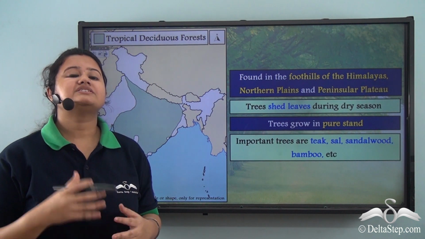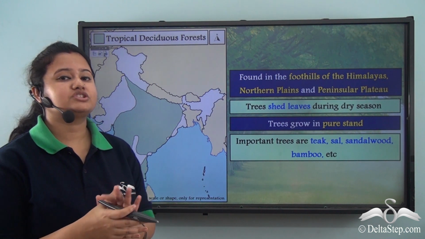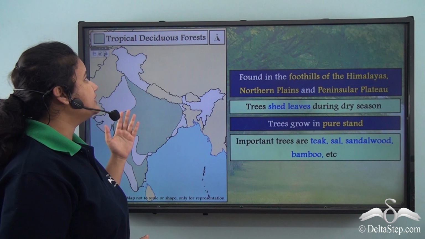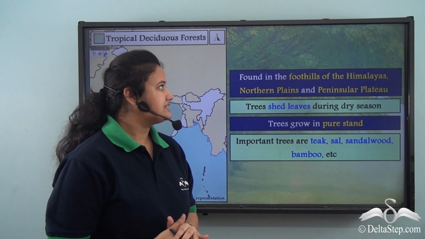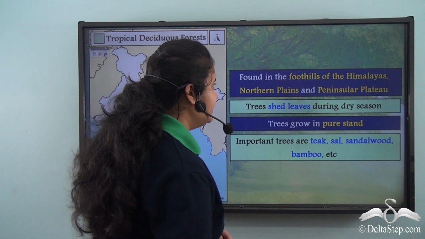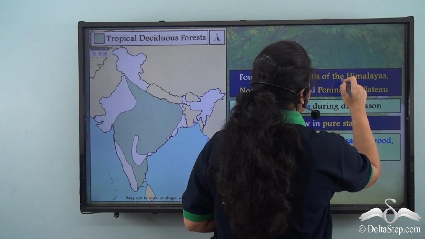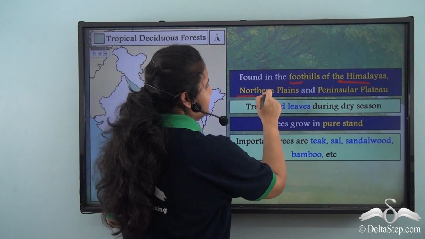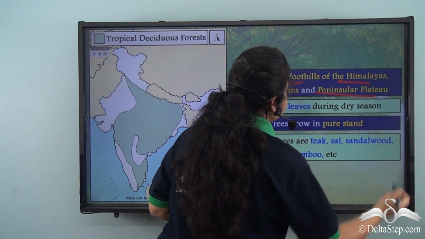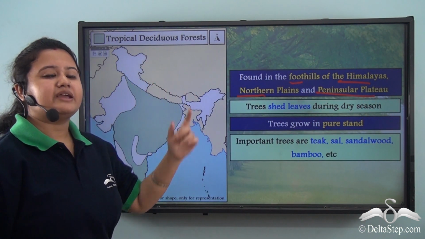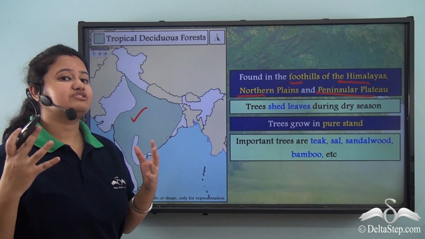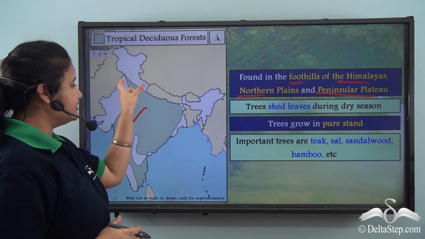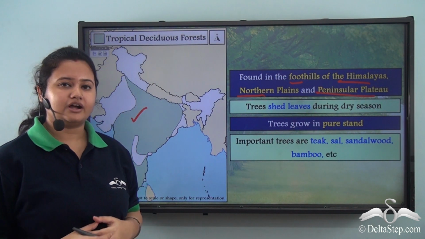So, now let us quickly summarize the important characteristic of tropical deciduous forest. We discussed that they are found in the foothills of the Himalayas and in the northern plains and in peninsular India. In fact, such type of vegetation is the most abundant type of vegetation found in India, as it covers a maximum portion of the country.